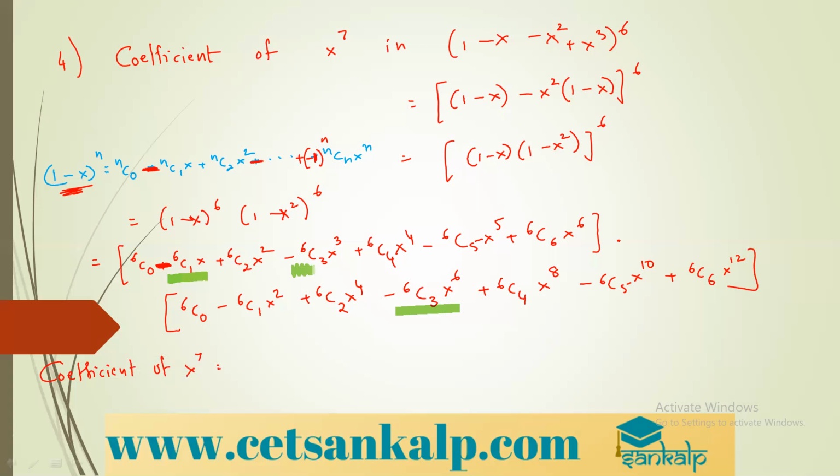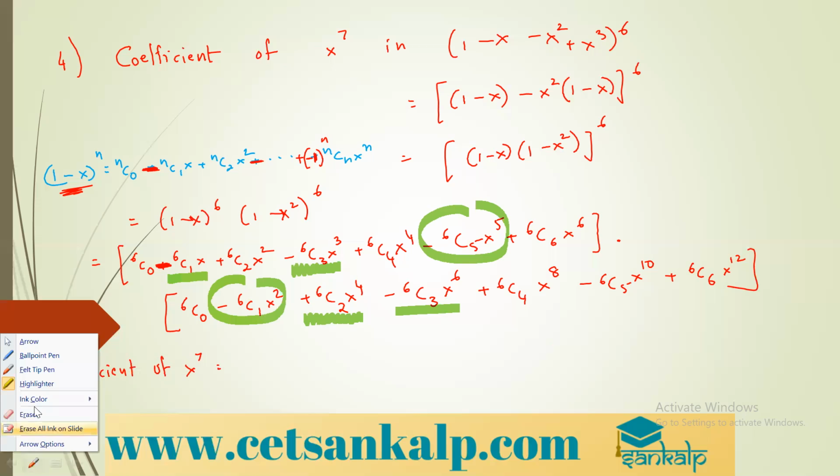Then minus 6C3 x cube, I have to multiply with plus 6C2 x power 4. Then minus 6C5 x power 5, I have to multiply with minus 6C1 x square. Only these terms, when I multiply, give the coefficient of x power 7.